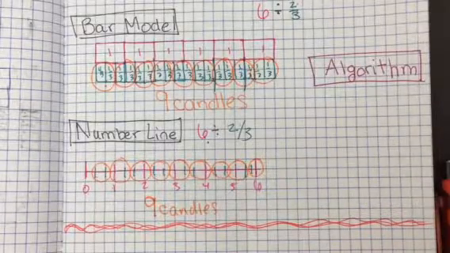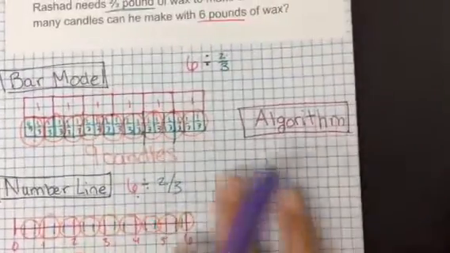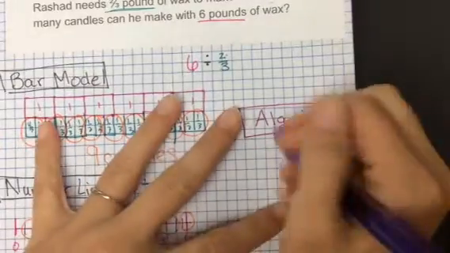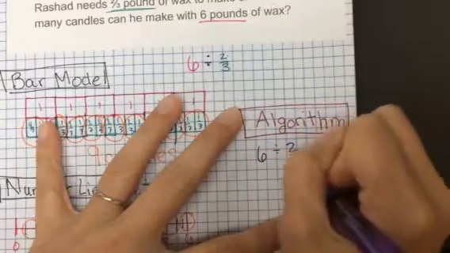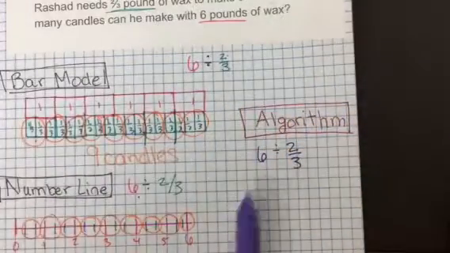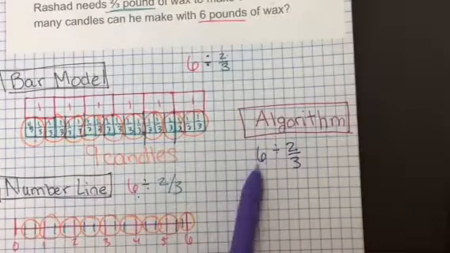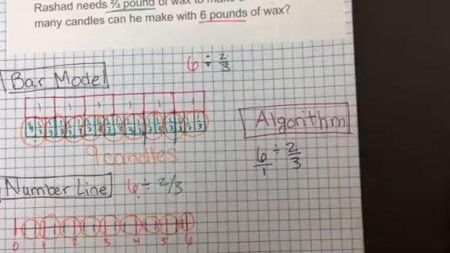Now, looking at it from a different perspective here, we've got our algorithm, and our algorithm means that we are using mathematics to completely solve this. So I have 6 divided by 2/3. Now, when I use the algorithm, I want to make sure that I have fractions on both sides. So to write 6 whole as a fraction, I put it over 1.